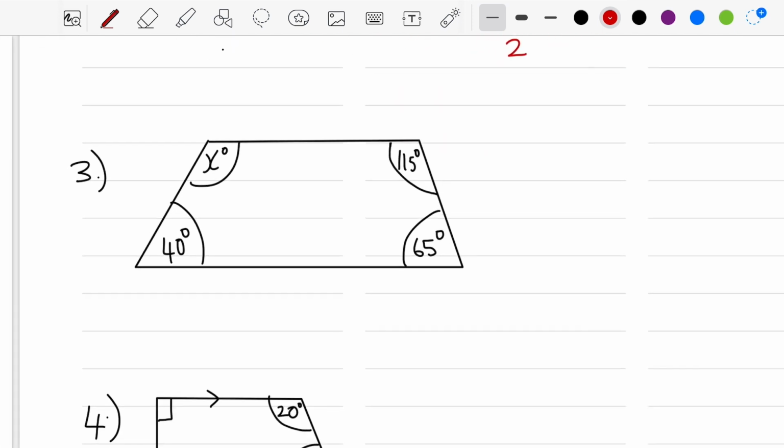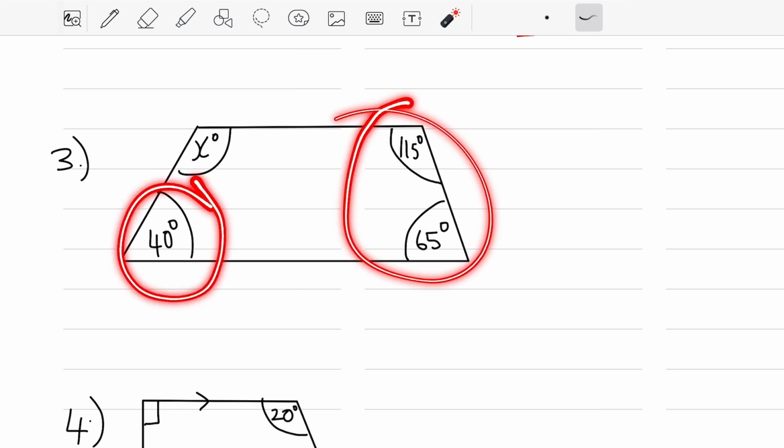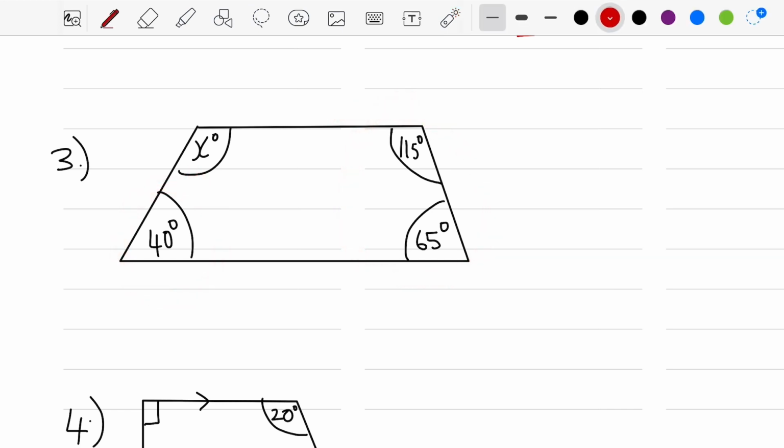Number 3, we are solving x. So all we need to do is add the 3 given angles and subtract it from 360 degrees.